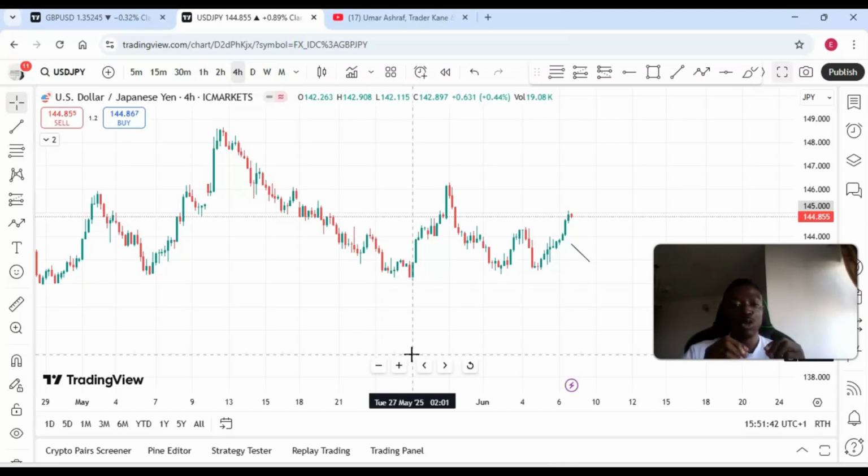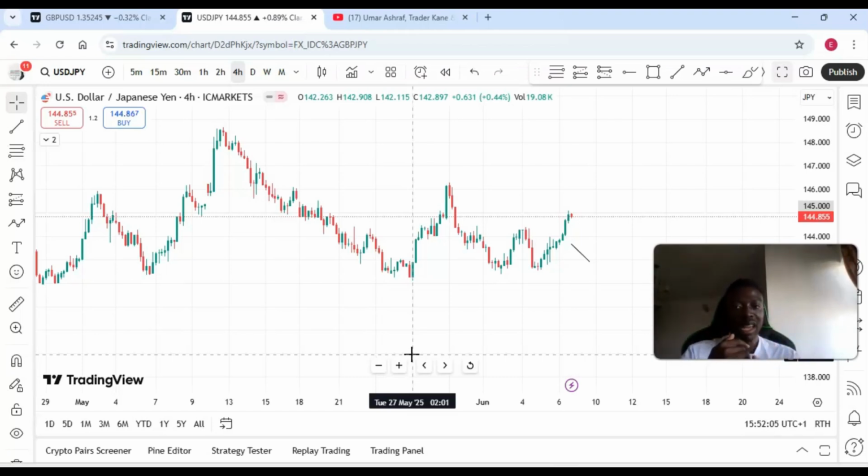If you have drawn your trend line and you have 2 touches, the third touch is most times the strongest touch, and the more touches, the stronger the trend line. But above 5 touches, you start having a weak trend, and the market might break that trend line and go in the opposite direction.